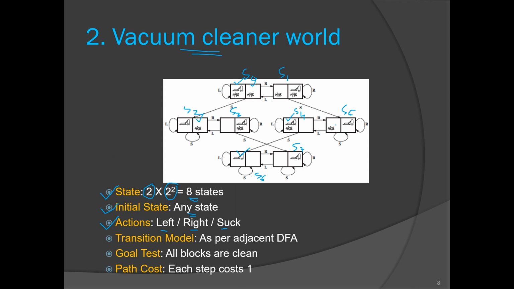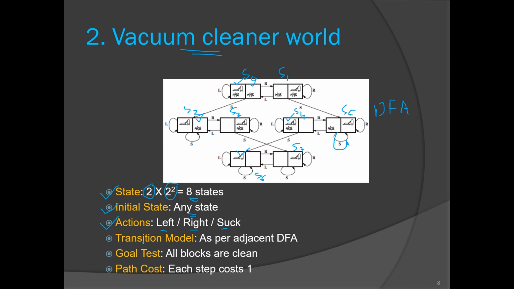Now here if I execute a suck command, I will remain in S5 only, because the floor is already clean. So now on every state I am writing these possible actions and I am determining new states. And this is actually a DFA, deterministic finite automata.